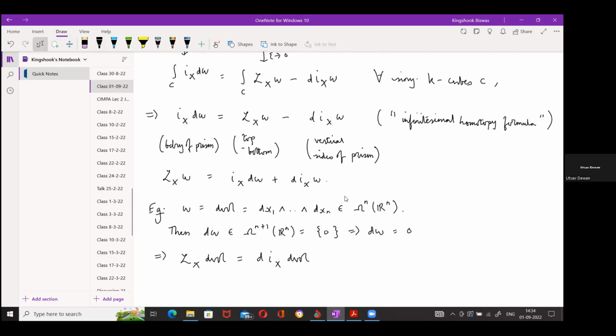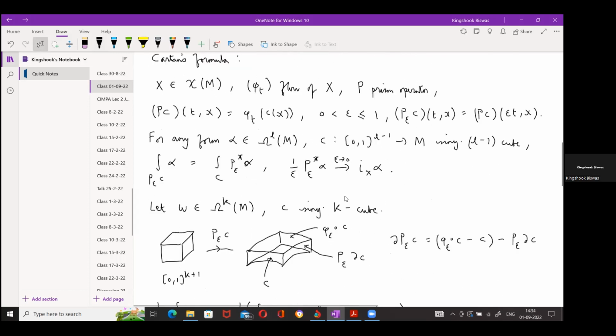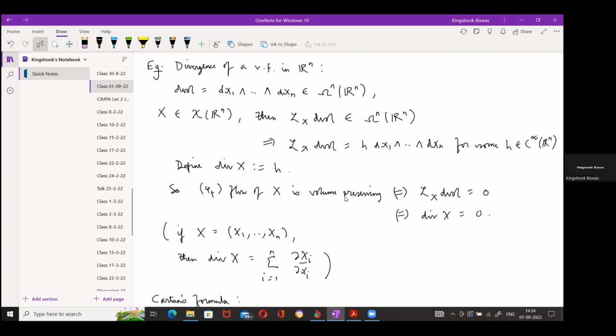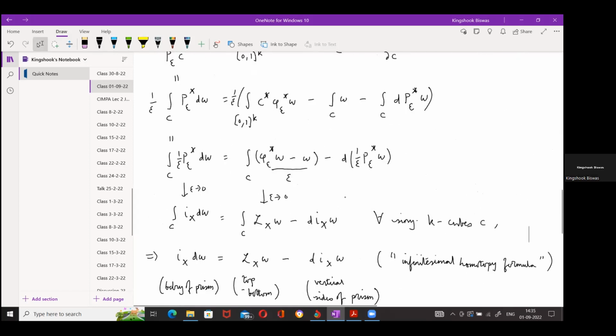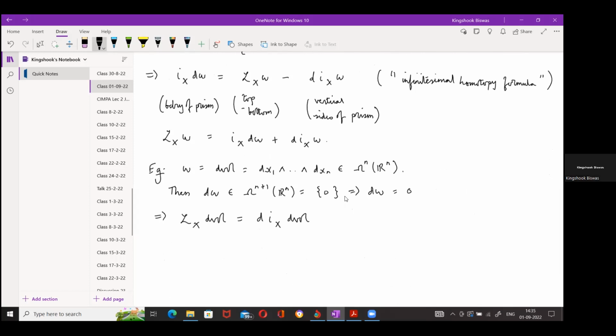And using this, you can prove the formula which I stated here, that the divergence is the summation of del capital Xi over del little xi. Is it clear? You use the fact that the Lie derivative is equal to d of Ix d vol, and then it's just a computation.